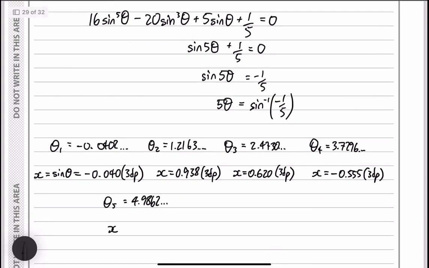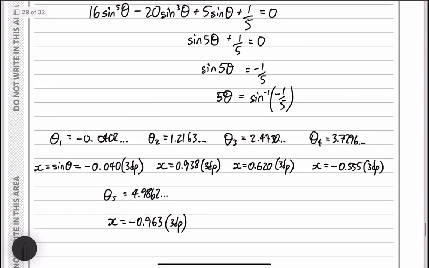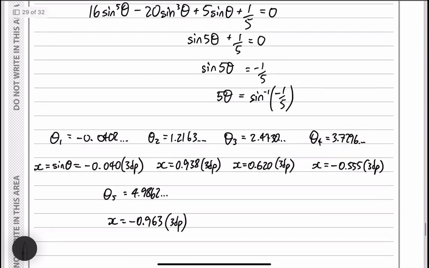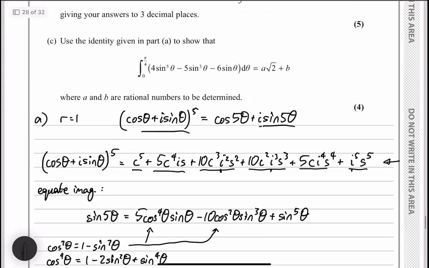So the final x value is minus 0.963. And if I do one more to check, it brings me back to minus 0.040, which I've already got. So these are the 5 distinct solutions to the equation.